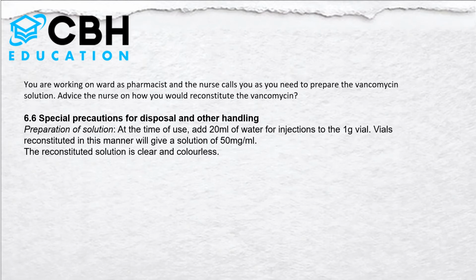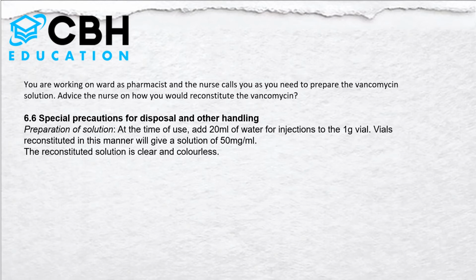Next, you may get a question that asks you how to prepare a solution from the SPC, and this is something we're going to cover in our calculation revision series. So you're working as a pharmacist on a ward, and the nurse calls you to ask how to prepare the vancomycin, and you advise the nurse on how you would constitute it. This is from section 6.6, special precautions for disposal and other handling, the preparation of the solution.